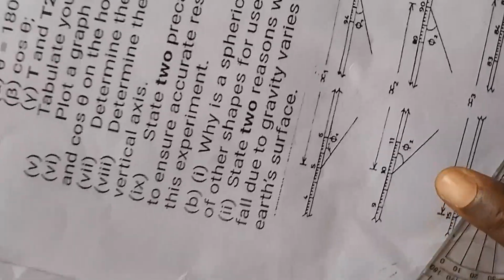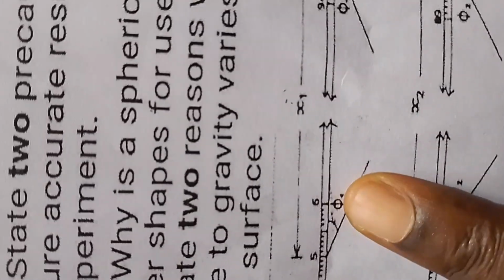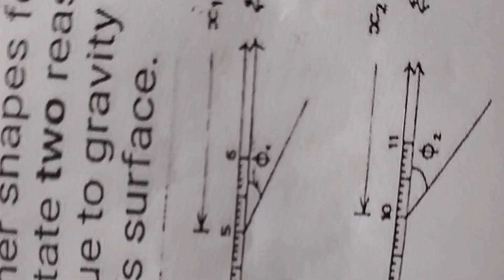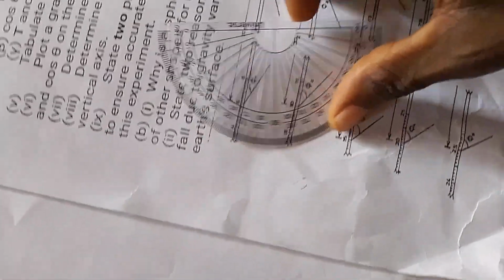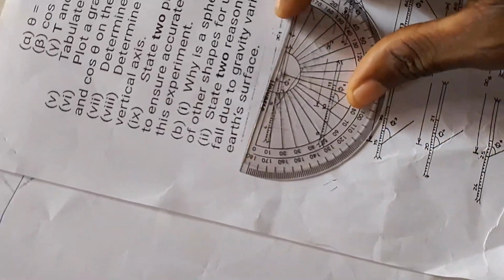You place it here. It is still theta 1. Here also is still theta 1. So we have theta 1, we also have theta 1. All you need to do is to measure. When you place it, it's going to be in this form.